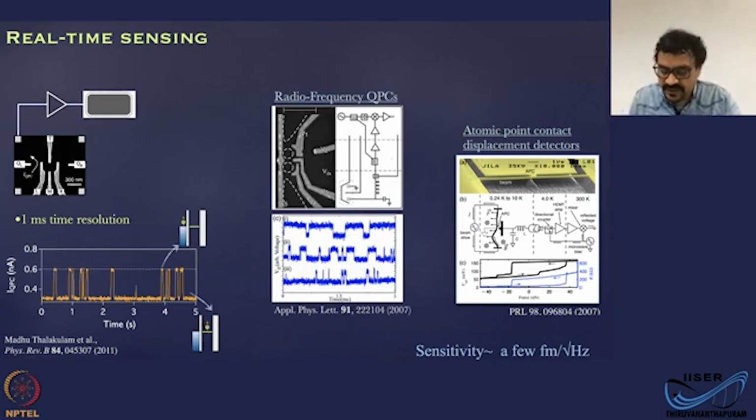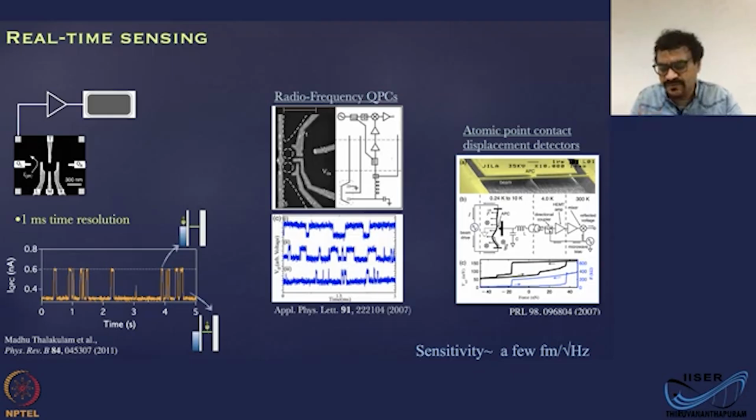So, in a nutshell, you can have the same QPC but in a slightly different microwave circuit. When you embed this whole device in a microwave circuit, you can operate this QPC at a much faster time scale. The inherent speed of the QPC is in terahertz.